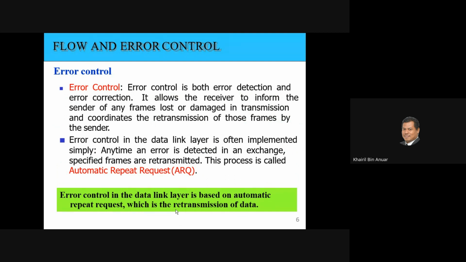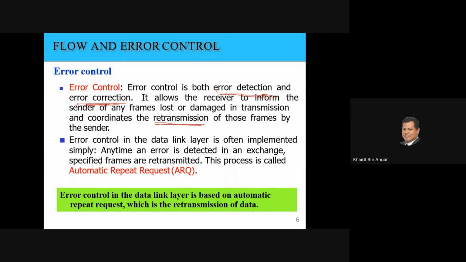For error control, you need both error detection and error correction. You have to detect errors and perhaps make corrections if possible. It allows the receiver to inform the sender of any frame loss or damage in transmission and coordinate the retransmission of the frame by the sender. The very basic method, as mentioned, is retransmission.